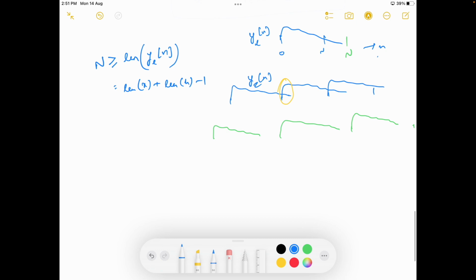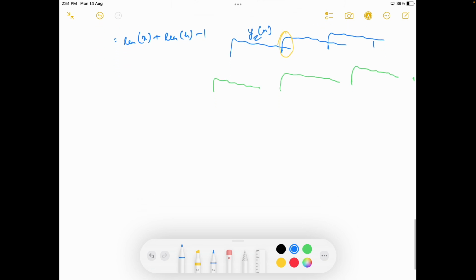Okay, good. So my capital N should be greater than or equal to length of x plus length of h minus 1. So in real life, when you are doing your convolution using DFT on your computer, you make sure to take your capital N larger than this number. Otherwise, you will get aliasing, which means your final output will be distorted. These are some important principles which will greatly affect you later.